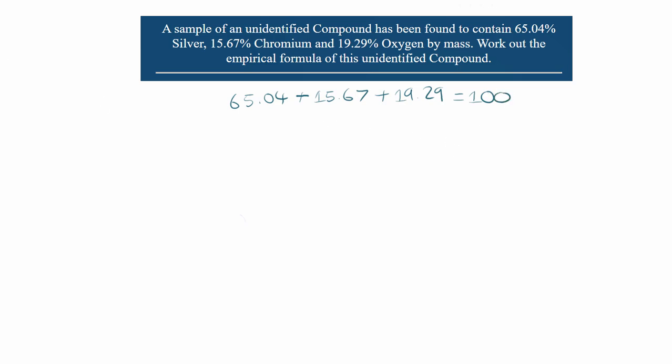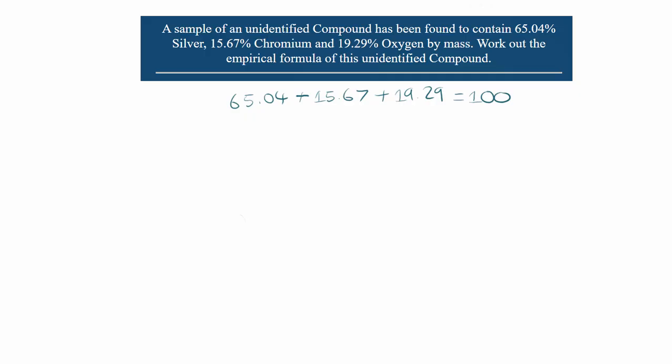As we mentioned, we're looking for the empirical formula. We're looking for the simplest whole number ratio of these elements as it relates to this particular compound. So in order to solve for that, we really need to look into the amount of substance, and we're going to need to convert this into moles somehow. The way we're going to do that is by making an assumption.